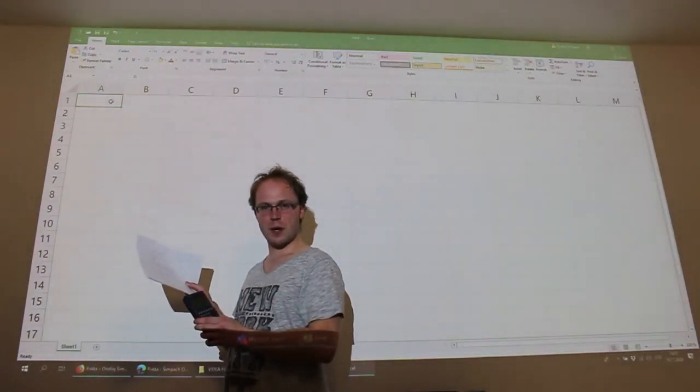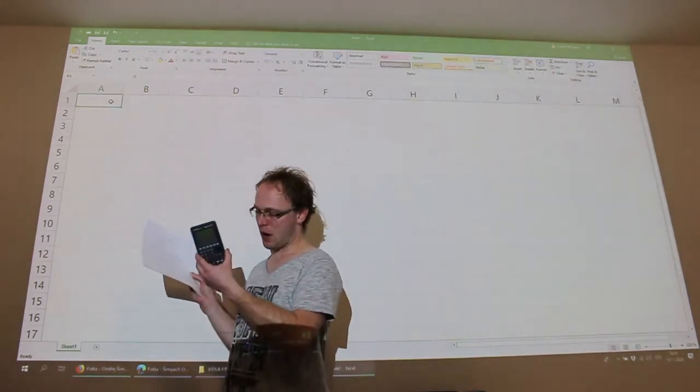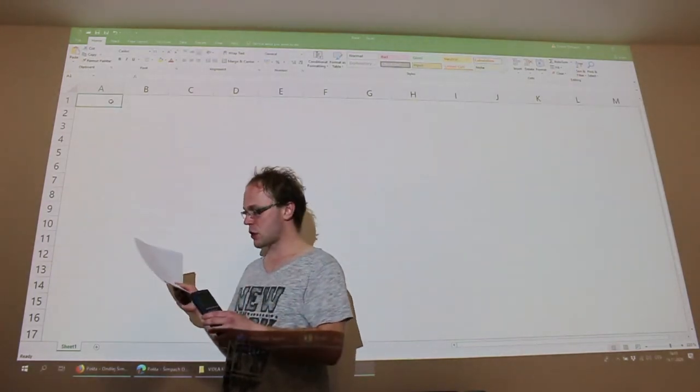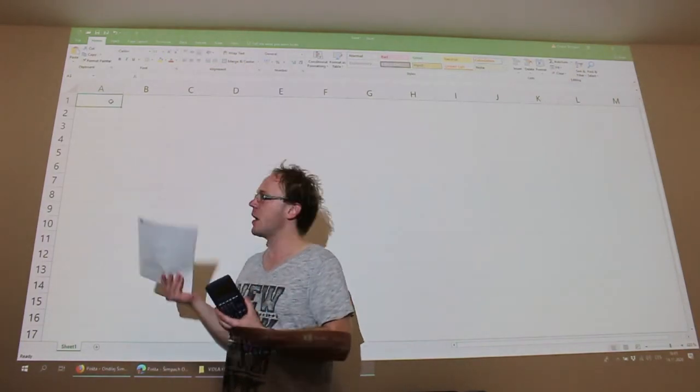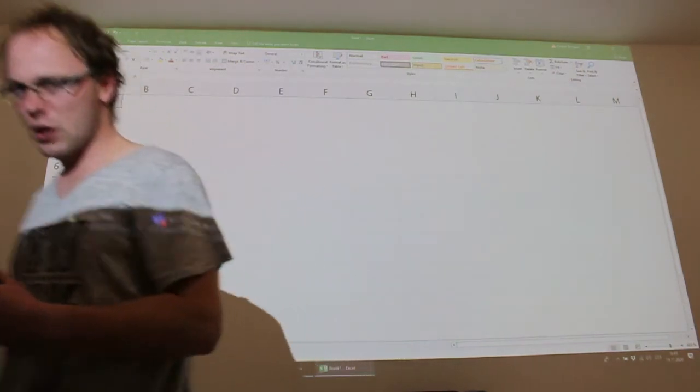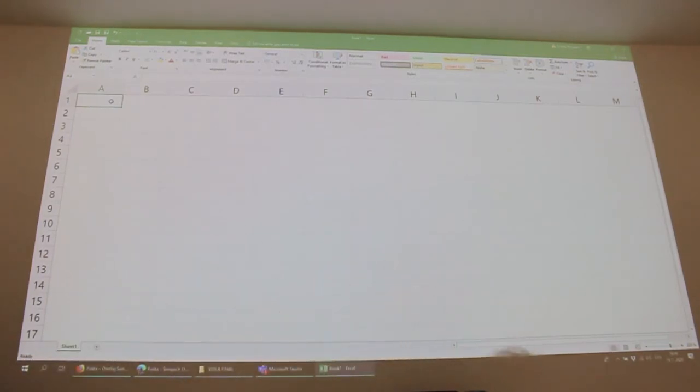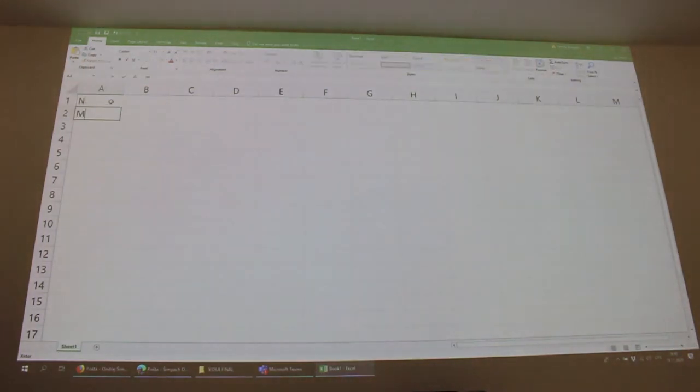Because of lack of memory in our calculators, I will solve the values of probability in Microsoft Excel. So I will set here the parameters which I have: capital N, capital M, and small n.